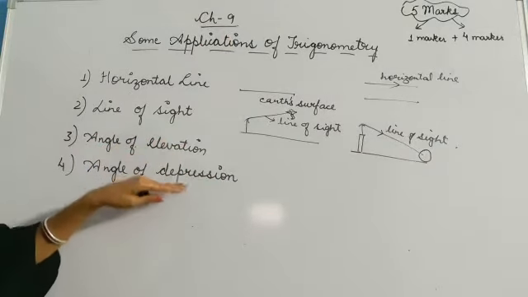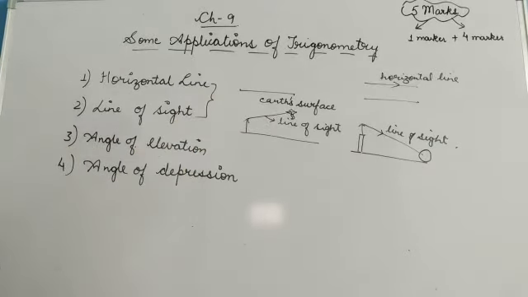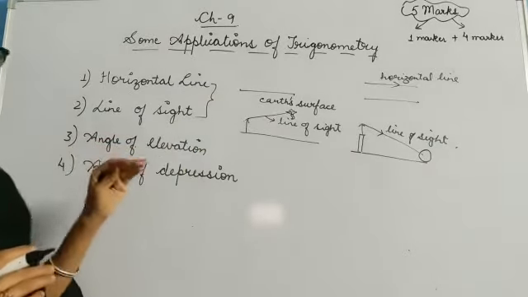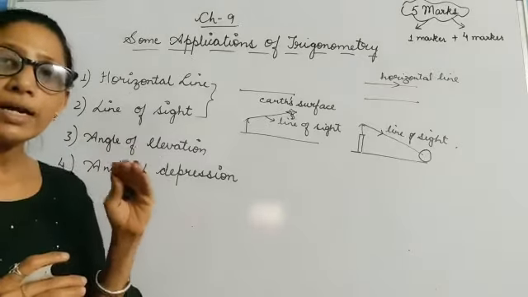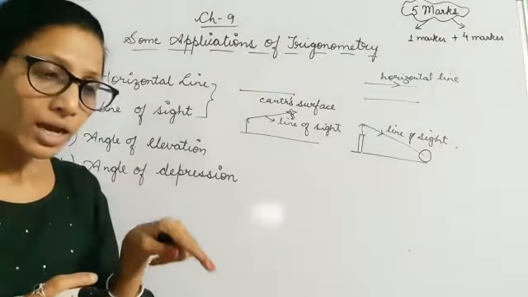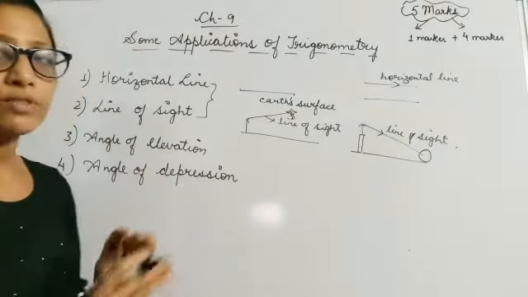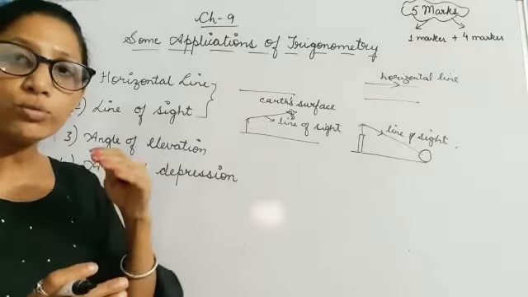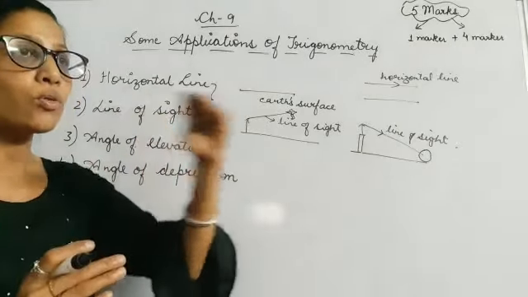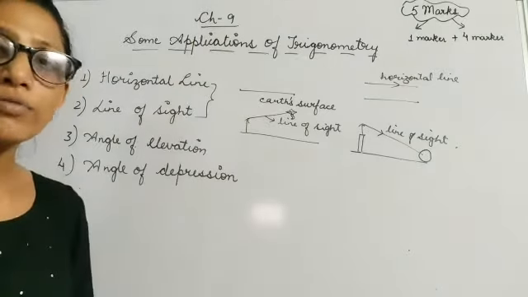Children, these two angles are made from these two lines only. So if in simple words I can say, if I have to see or if I have to move my eyelids down, then it will always form angle of depression, and if I have to raise my eyes from this horizontal line, then it will always be an angle of elevation.